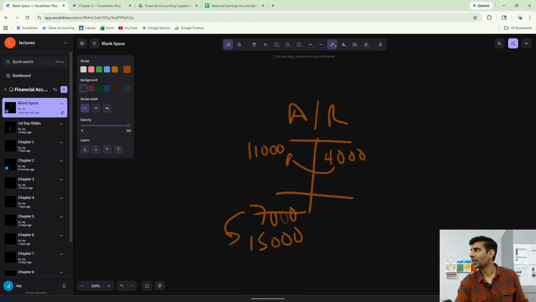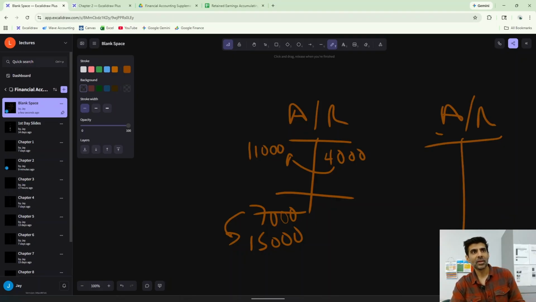Did everyone follow? I just made this up. Just to get this to work, I said 11,000 and 4,000, assuming there were only two entries. We actually don't know how many debits and credits there were, right?